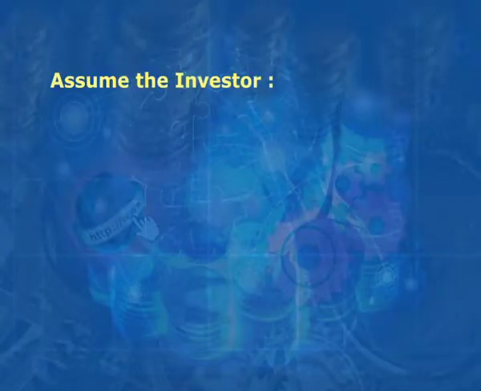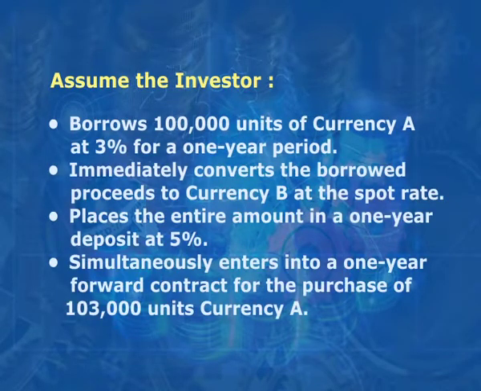Assume the investor borrows 1 lakh units of currency A at 3% for 1 year period. Immediately converts the borrowed proceeds to currency B at the spot rate. Places the entire amount in a 1-year deposit at 5%.